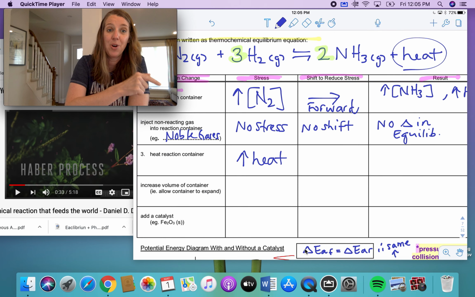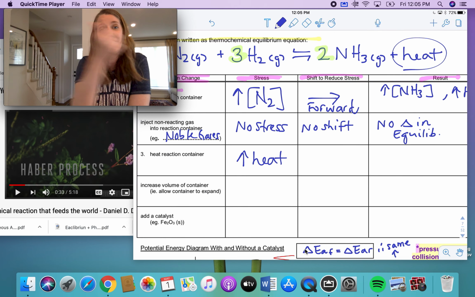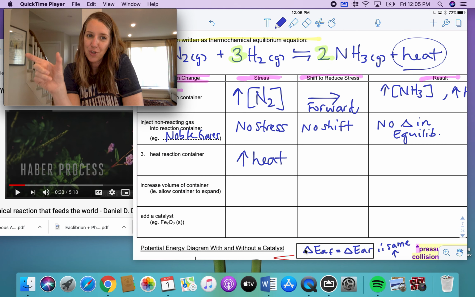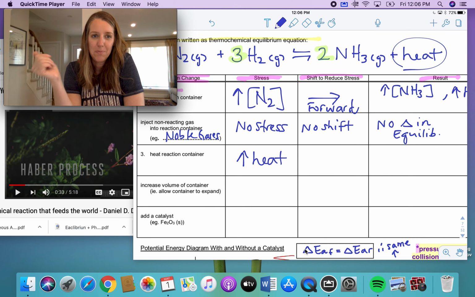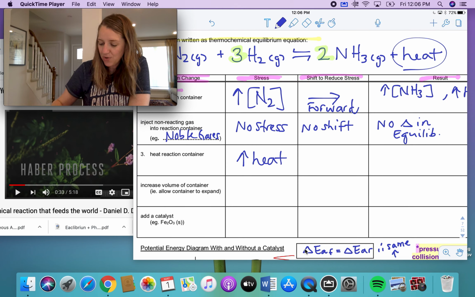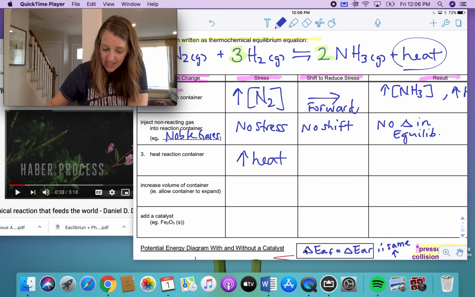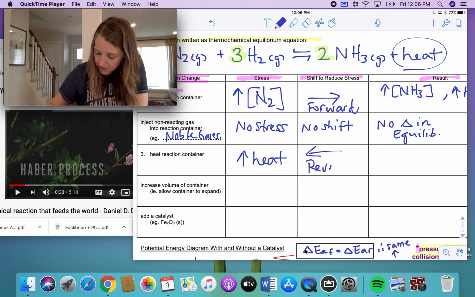If the heat was on the reactant side, it would shift it in the forward direction. But you have to recognize where the heat is for the reaction system, the equilibrium system that you're dealing with, and plan it accordingly.